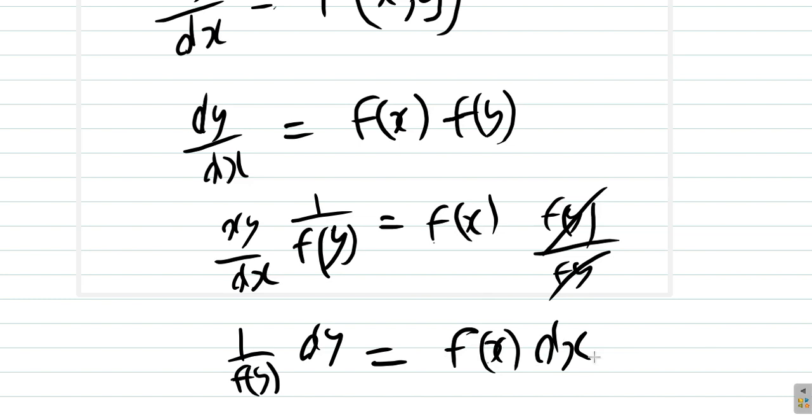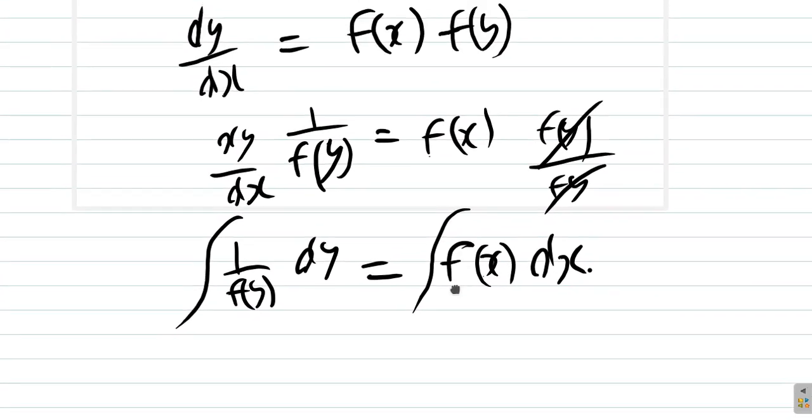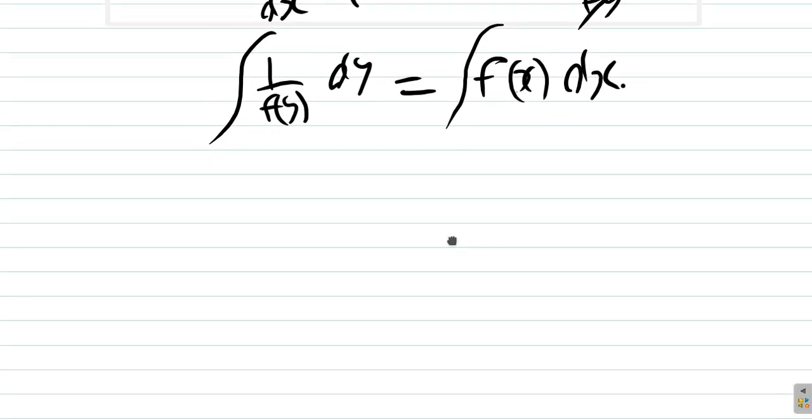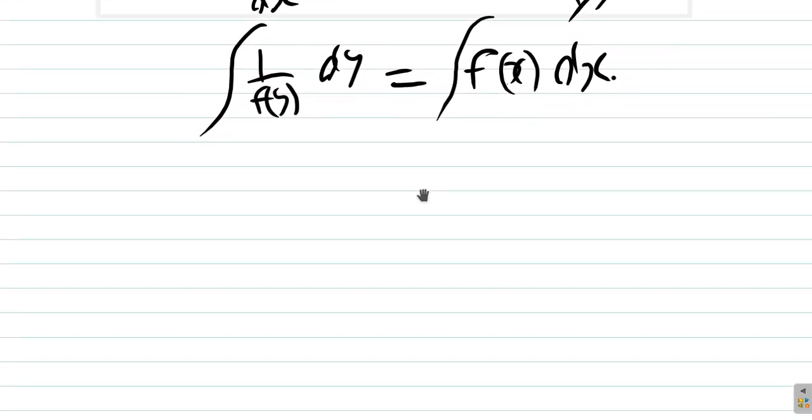So you have a function in y dy equal a function in x dx, and then you can now integrate both of them. So you separated the variables. They were mixed up together here, and you do your maths and separate them. Whatever mathematics you have to do, add, subtract, multiply, divide, and so on and so forth.